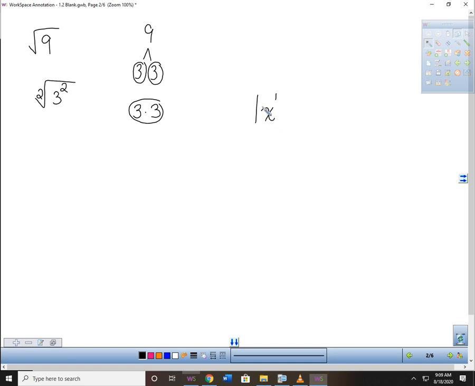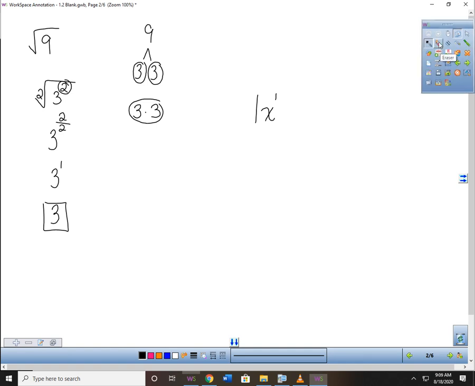And what happens when you take the square root of a number is you take this base and rewrite it with an exponent. You take this exponent and divide it by this root number, and 2 divided by 2 gives you 1, and 3 to the first is just 3. So that's the long way of getting around the fact that the number that multiplies by itself to get 9 is 3.